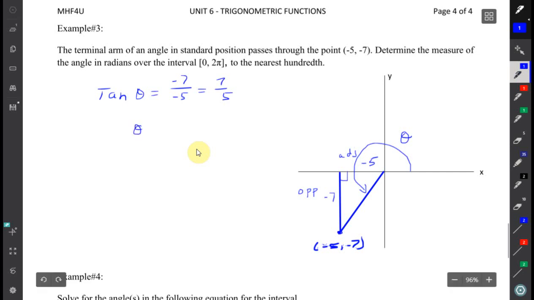Therefore, theta, and I'm going to just get rid of that because what we have to be careful of is we don't know what kind of answer we're going to get at this point.